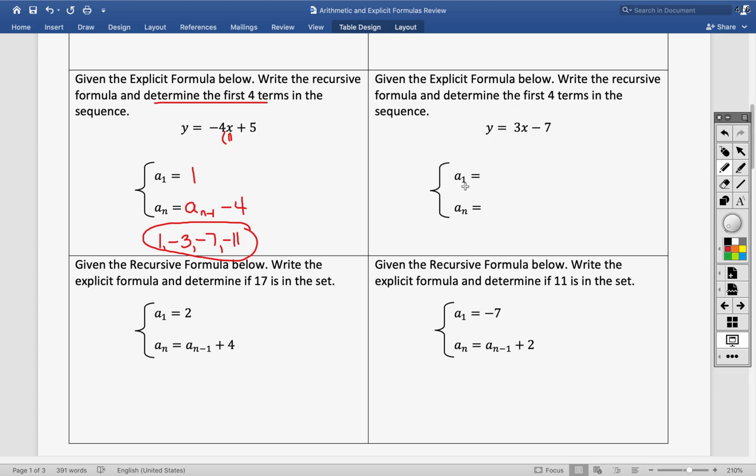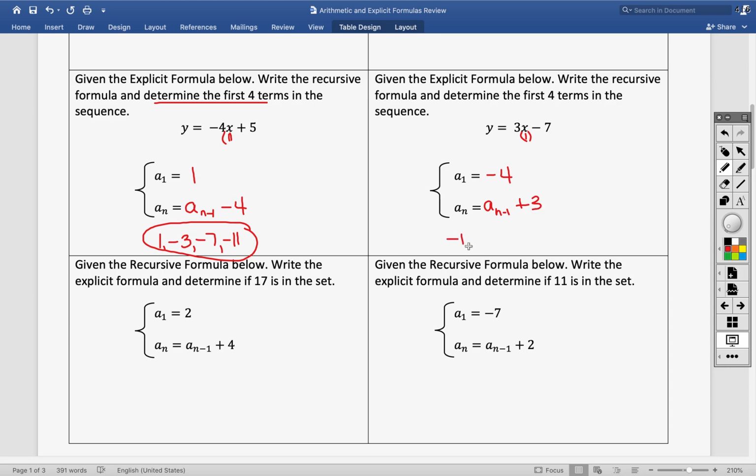So again, to find the first number in the set, you simply replace the x with 1. So 3 times 1 is 3, minus 7 is a negative 4. And to find every other number in this set, you take the number previous to it, and then you bring down your slope, which is a plus 3.